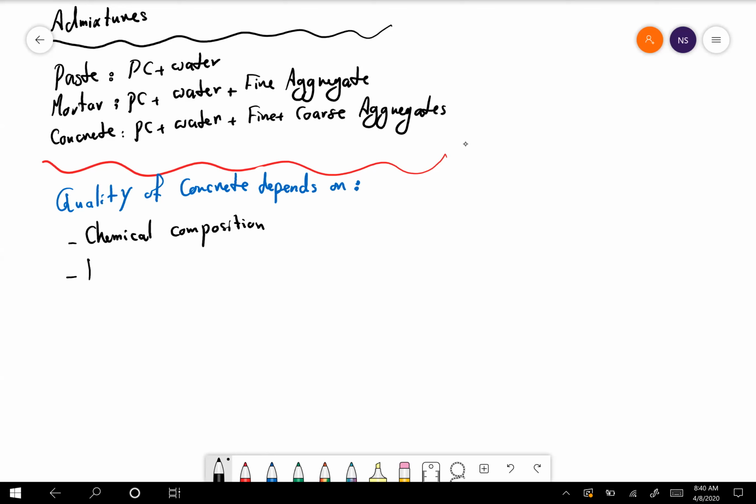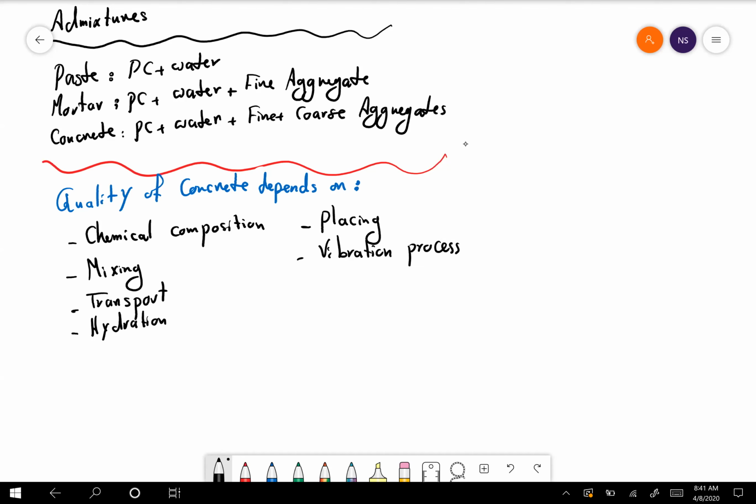It also depends on the mixing process: how do you mix the ingredients together, how do you transport the ready mixed concrete, the hydration process, the placement of the concrete, how do you place and pour the mixed concrete, and the vibration process to make sure that the concrete is covering all the spaces between rebars.